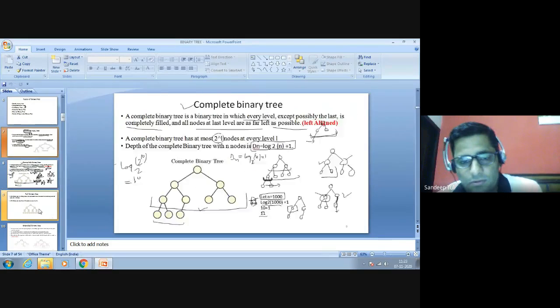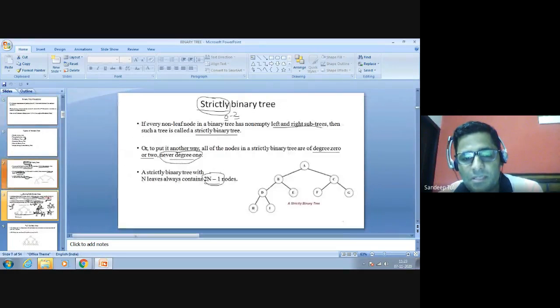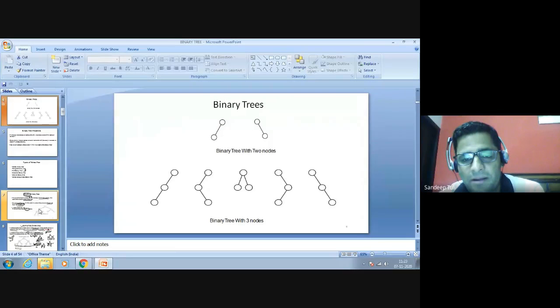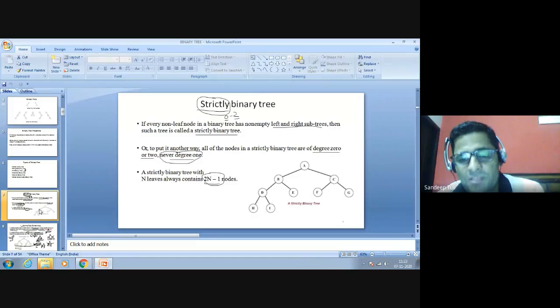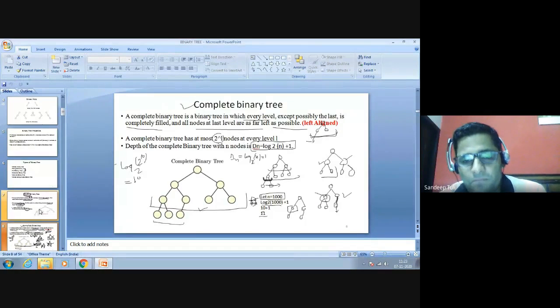देखो बहुत माइनर से डिफरेंसेस हैं बच्चे. Strictly binary tree means 0 और 2. उससे पहले, binary tree means 0, 1 और 2 nodes. Strictly binary tree means 0 or 2 nodes only. Then complete binary tree: all the levels must be completely filled except the last one. ये लाइन जुड़ेगी इसके अंदर, except the last one.